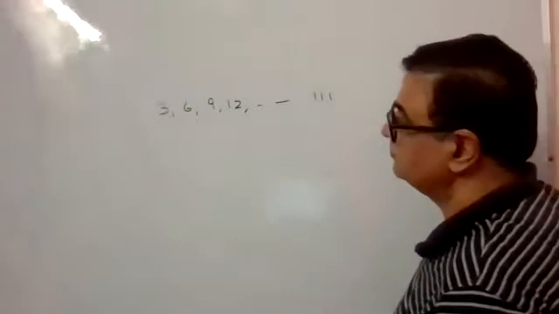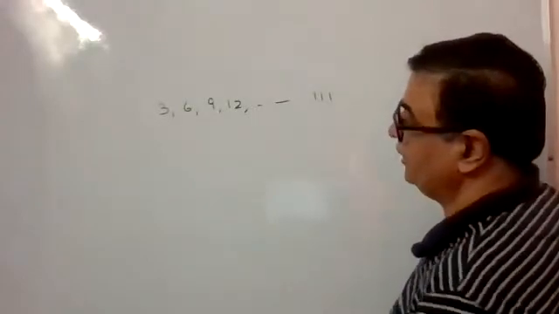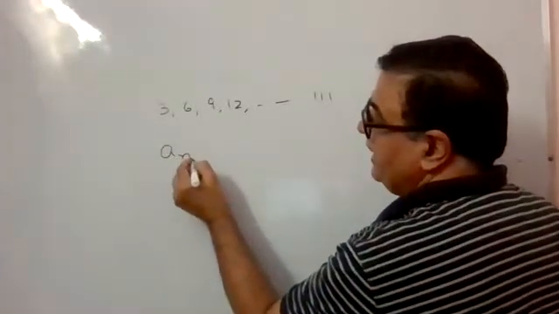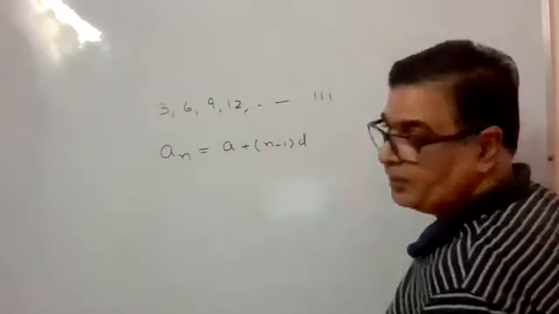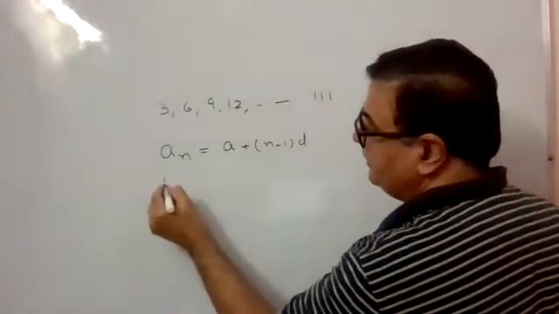Sir, 37. Okay. Let this be the nth term. Formula says a plus n minus 1 into d. The nth term is 111.